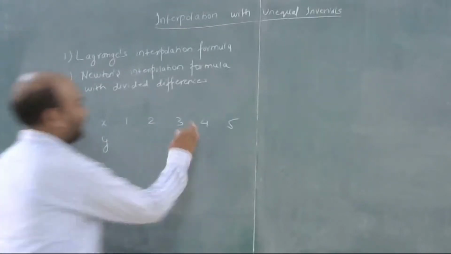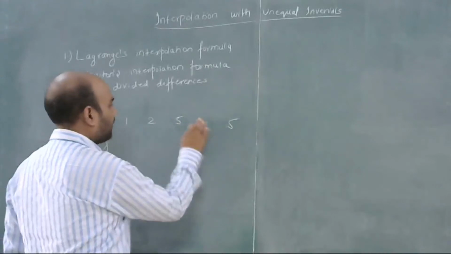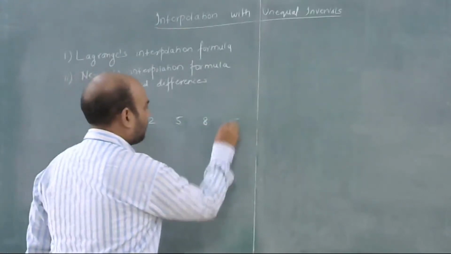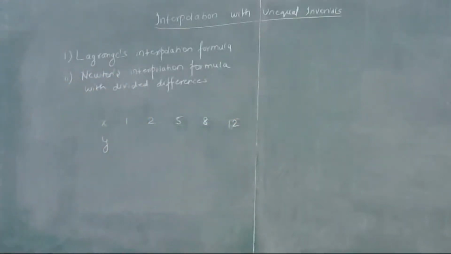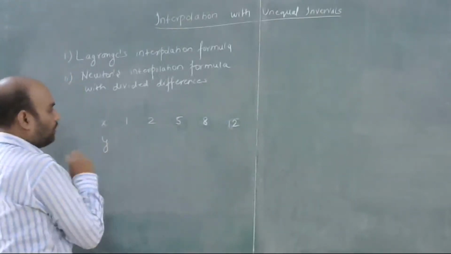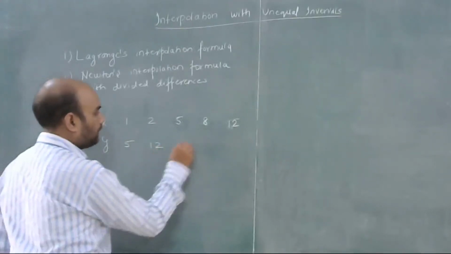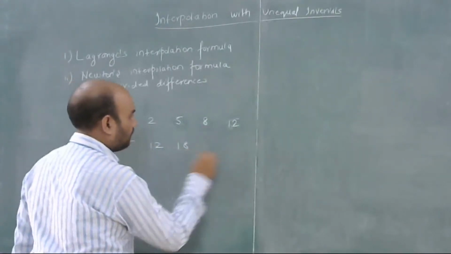Now, if there is uneven spacing, like 5, 8, and 12, we have to find the value of y for a given x. Let's suppose it is given 5, 12, 18, and one value is not given.